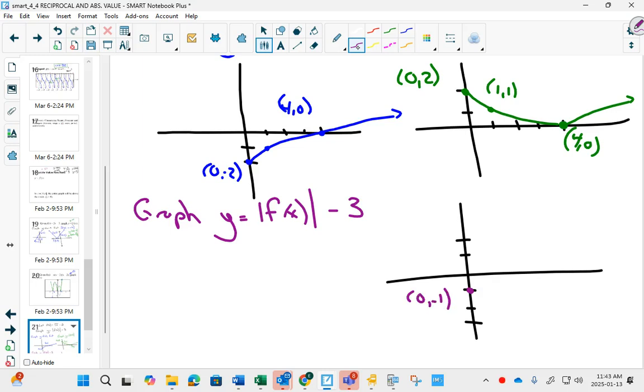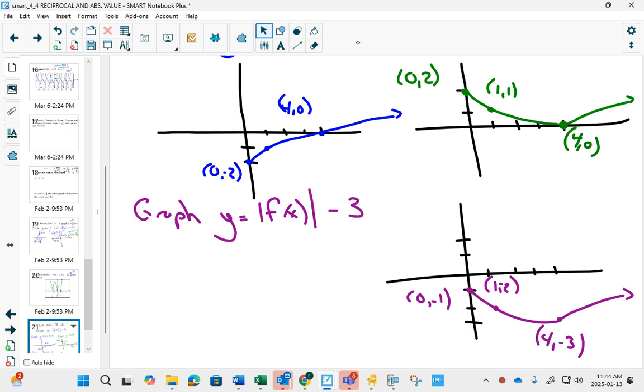If I took (1, 1) and shifted it down 3 units, it'd be at (1, -2). And if I took (4, 0) and shifted it down 3 units, it would be at (4, -3).